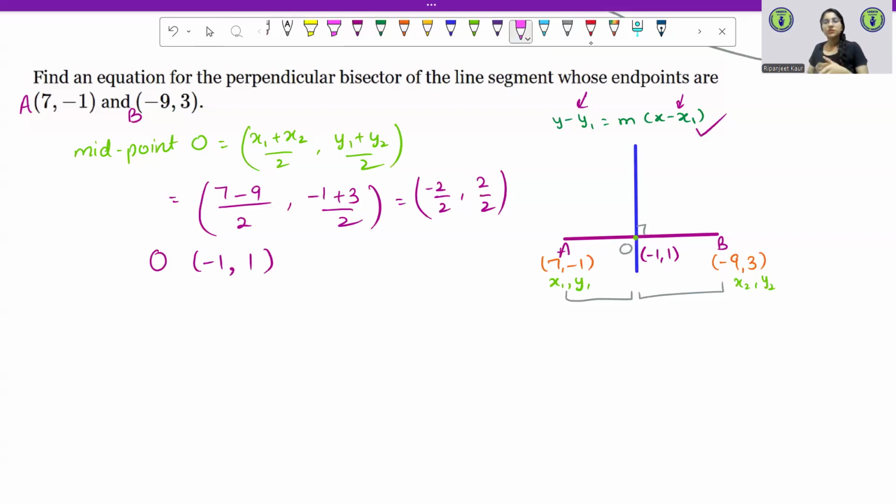If we want to find out the slope, what is given? We are given this line only, and the condition that both the lines are perpendicular. So how can we use the line AB for finding out the slope of the line, let's say OD? We know OD is perpendicular to AB. So what can we do to find out the slope of OD, which is m2?